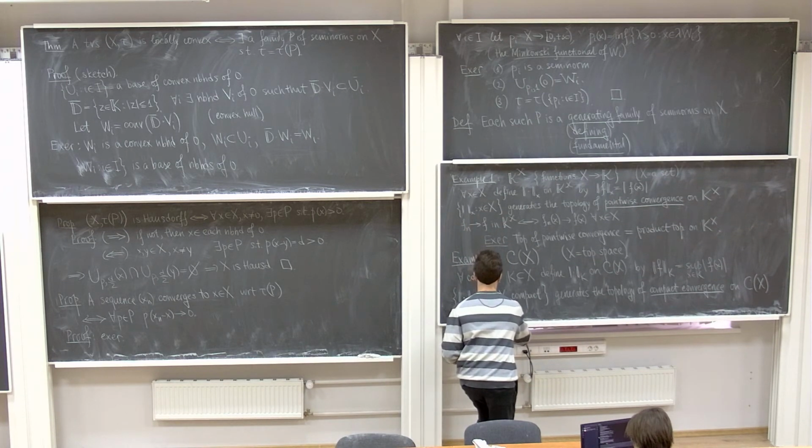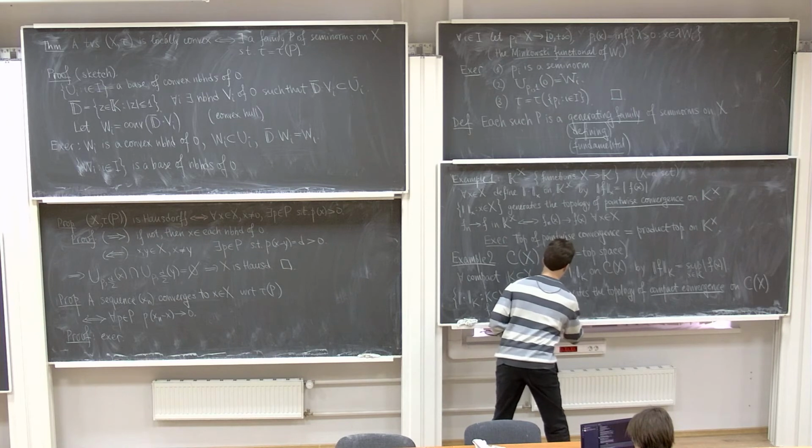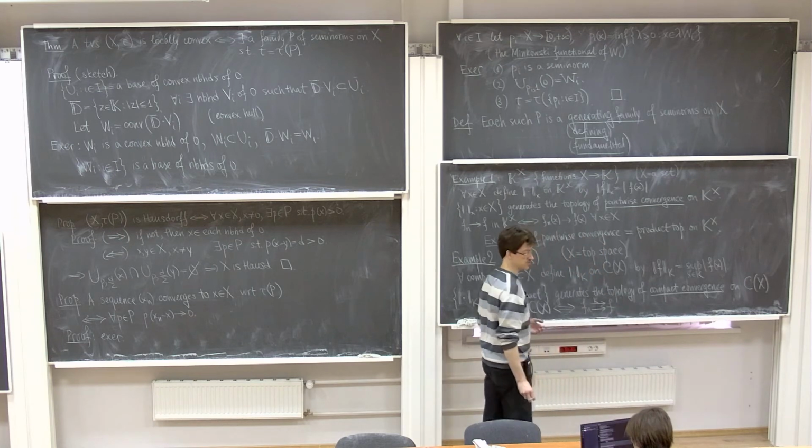So f_n converges to f in C of X if and only if it converges uniformly on each compact set K.